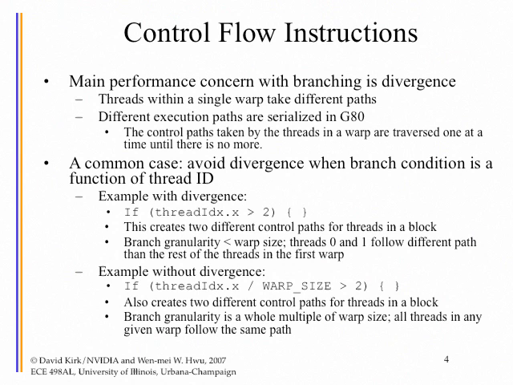So let's go into the control flow. The main performance concern with branching is divergence. If you have an if then else, or you have a loop, a while loop, for loop, all these things eventually translate into a branch instruction.